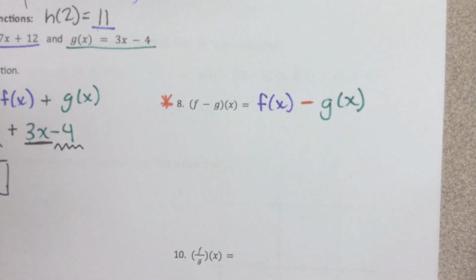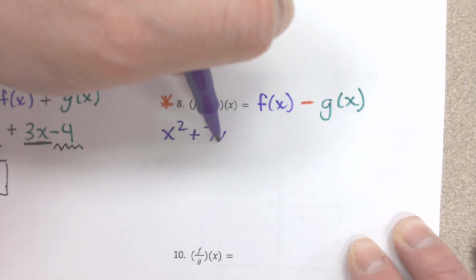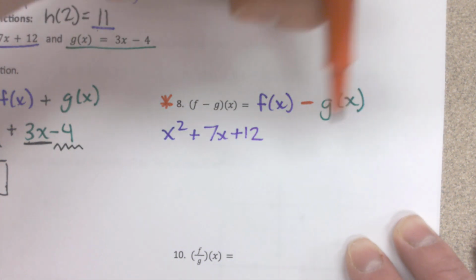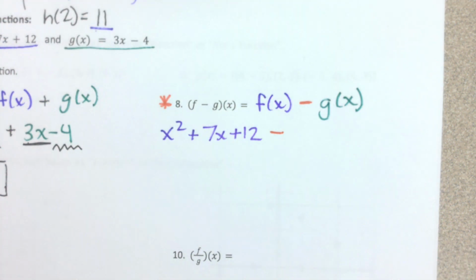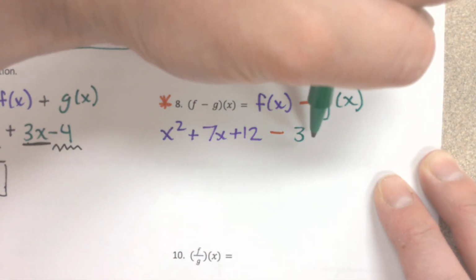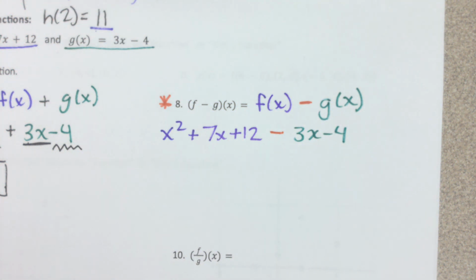So f of x, we have x squared plus 7x plus 12 minus g, which is 3x minus 4. Now, as I've already said, subtraction is very special.